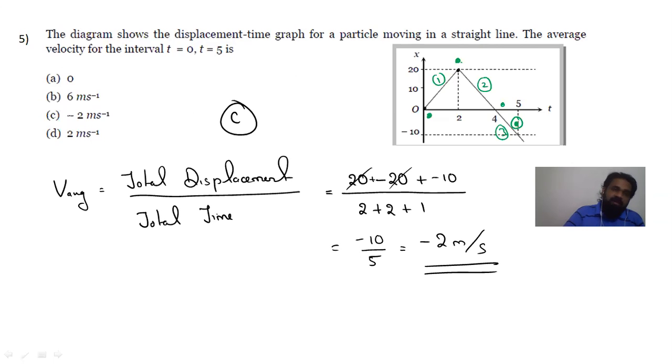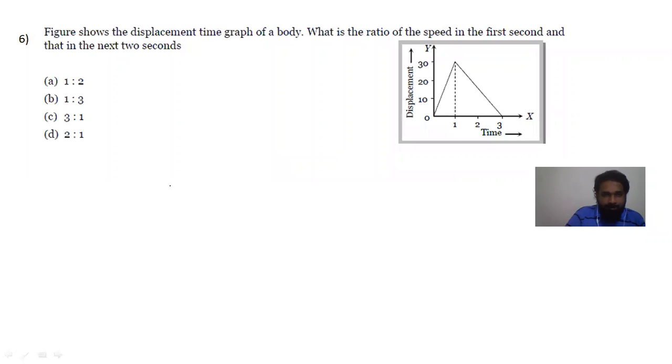If no signs are given, then that will be asking speed only, and the answer will be different. If they are asking speed, then we can take total distance, so all of them we can add. But here it is velocity, so we will have to consider that negative sign. So option D cannot be taken. Even if they are not putting a minus 2 there, then again there is a possibility. Is that clear?